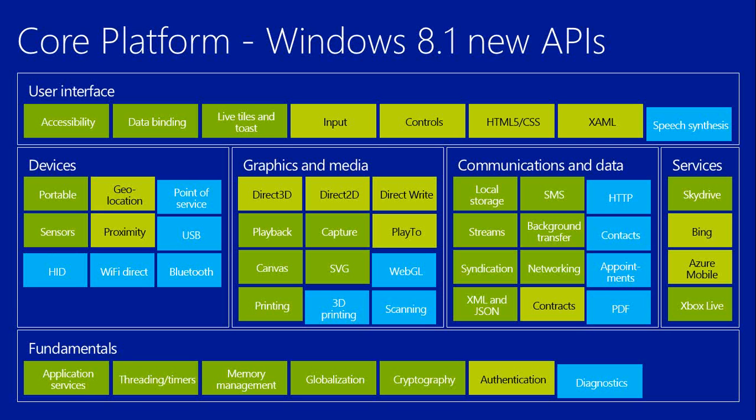We also had a lot of support for point of service devices. We now have APIs supporting a lot of point of service devices, point of sale devices, and some human interface devices that you can use in your apps. Depending upon your app scenario, some of these APIs might come in handy.